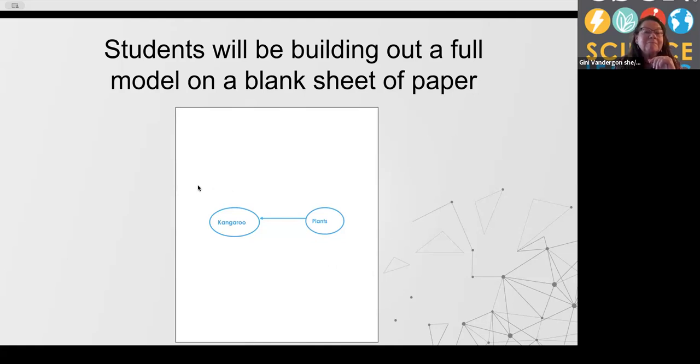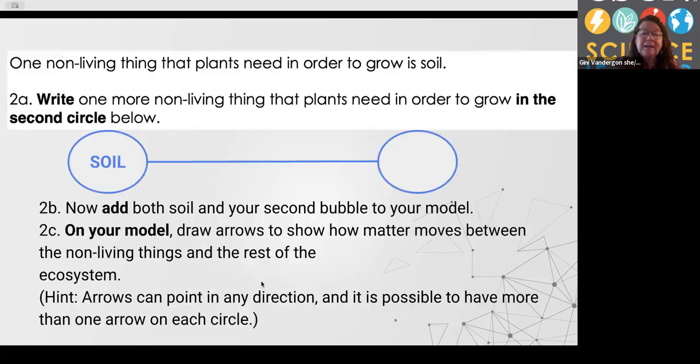The kangaroo consumes the plants, consumption through the carbon cycle. And so students would write this, but they would want to try to describe based off their own knowledge as to what they think is happening. Then they would be prompted to add this second part to their model.